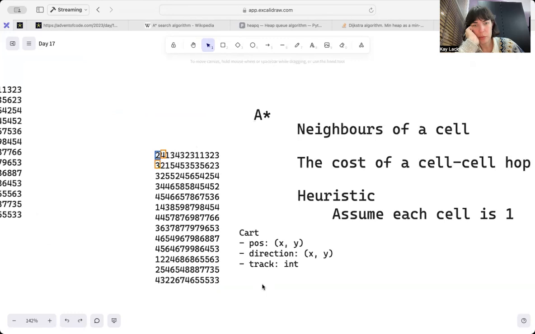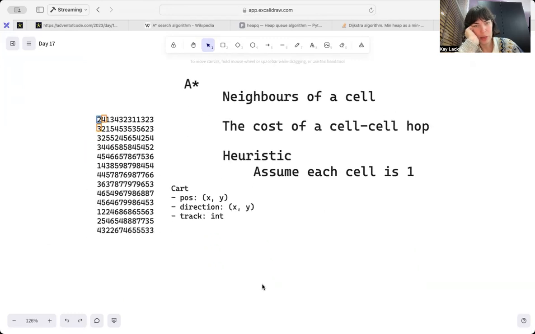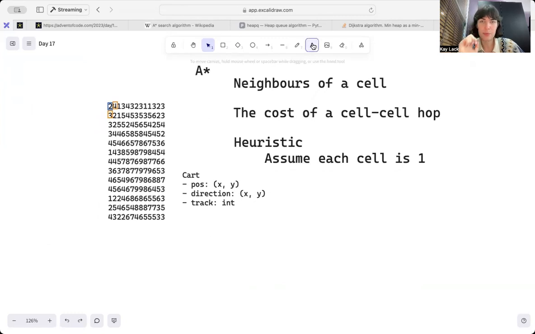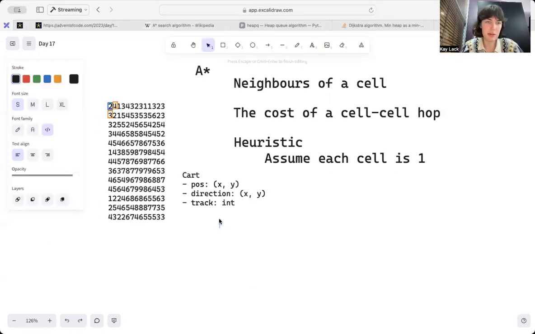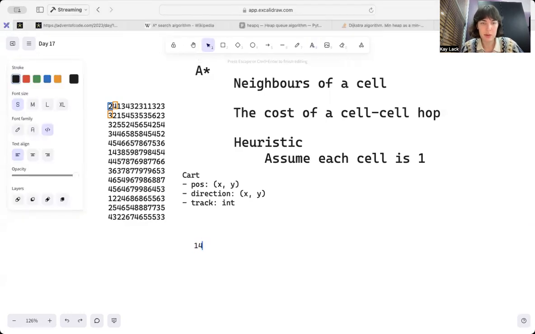Okay. Well, I'm worried that this is going to explode a little bit. I guess we're going to end up with how many cells? I'm just going to look at our input briefly. We've got 142 columns and 142 rows. So we've got 142 cells.